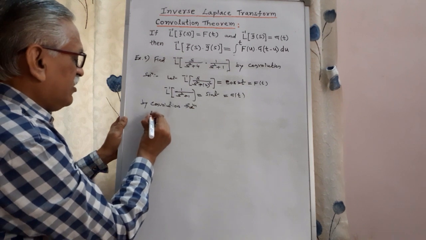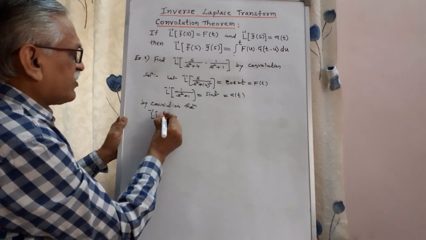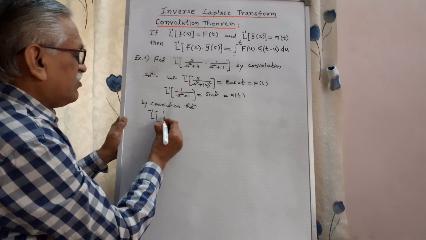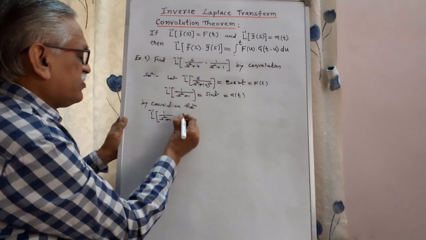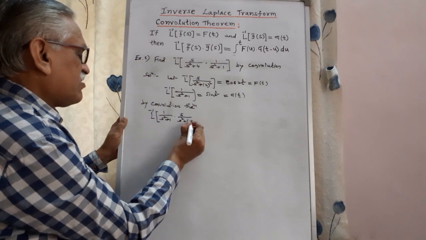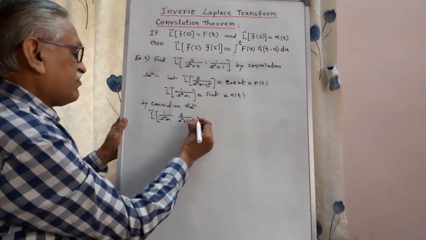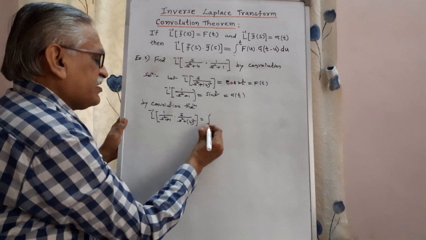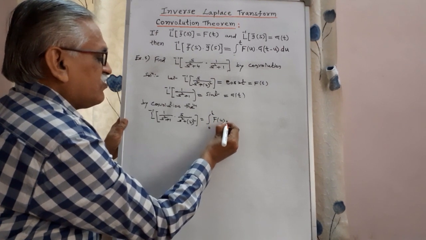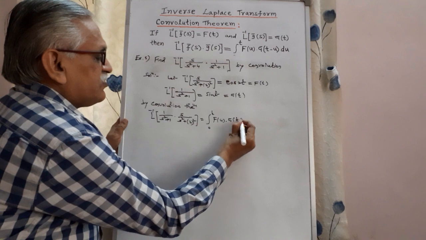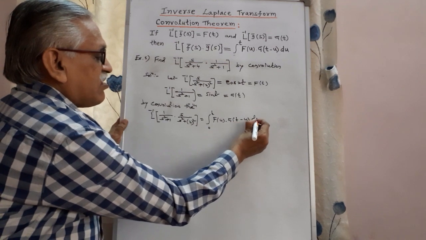we get inverse Laplace of 1 upon s square plus 1 into s upon s square plus 4 as integral from 0 to t f of u g of t minus u du.